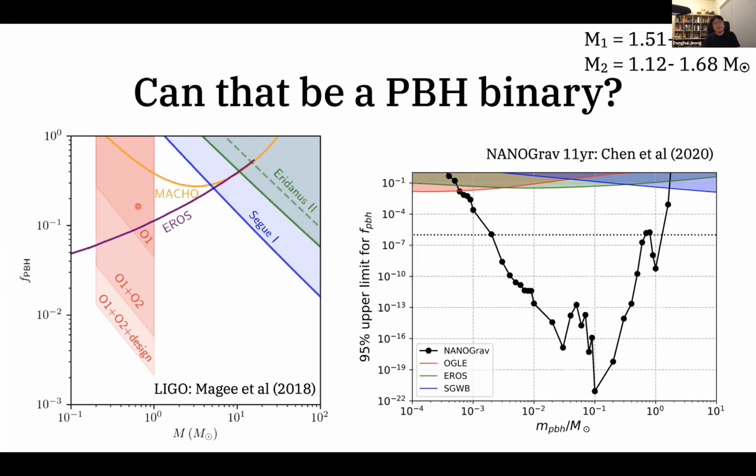Okay, good. So in O1 and O2, the constraint from the gravitational wave observatory on the primordial black hole fraction is about, say, 1 to 10%. That's from the Maggi.